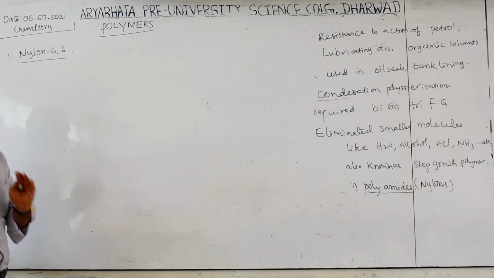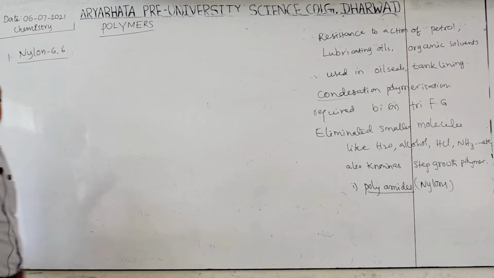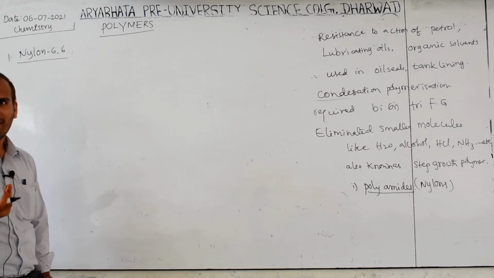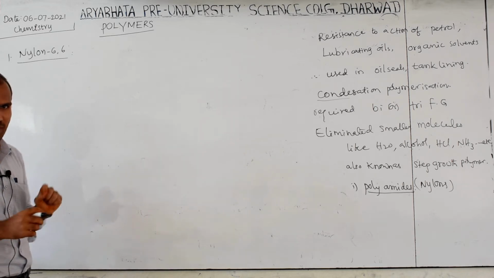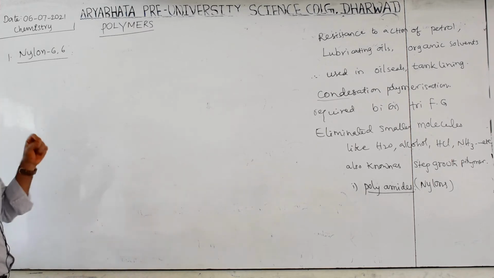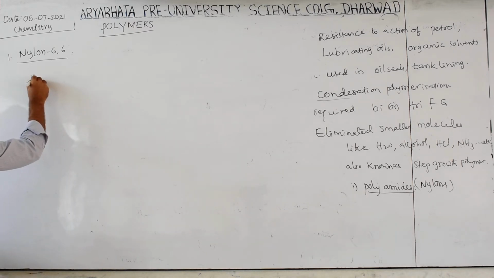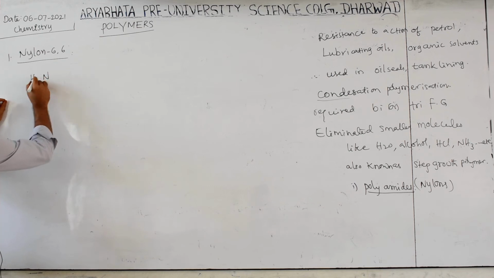First we will discuss the preparation. For nylon 6,6, there is no poly word here to get the monomer name. Where a poly word is there, remove poly and write the monomer name. But here the poly word is not there. Therefore, you have to remember their monomer names. One is NH2, actually NH2 this is. See, you can write like this also.